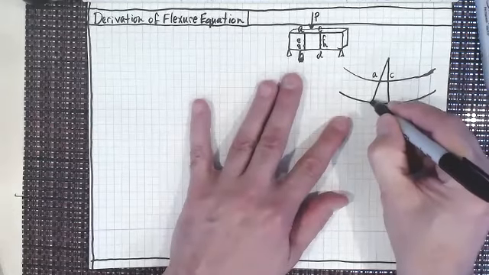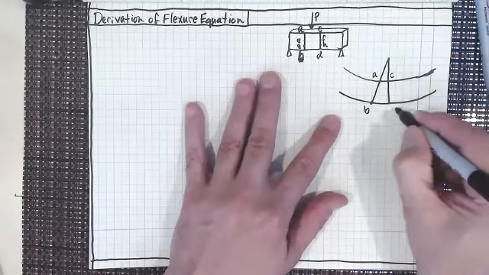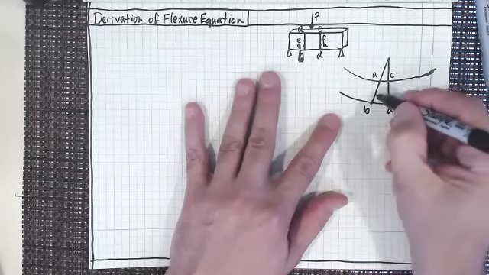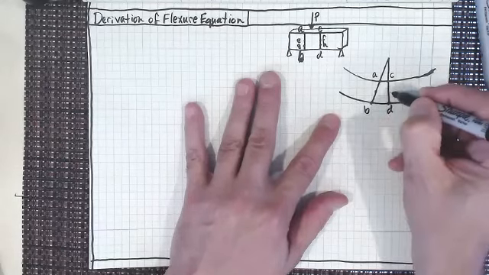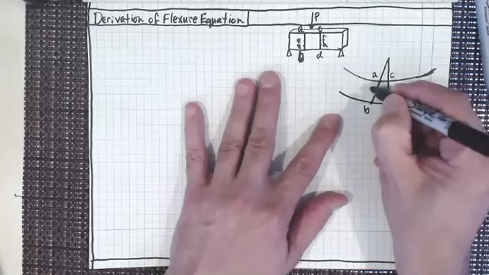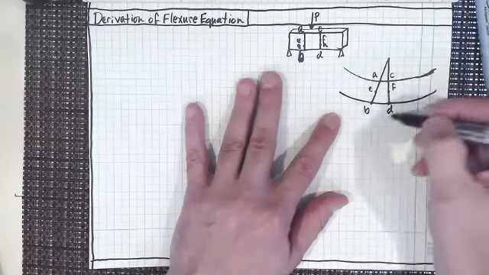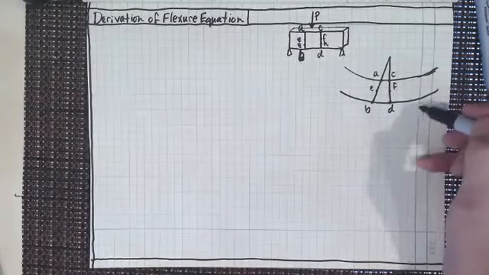And then this point down here is B. This point is D. And then the 2 points in the middle that we had, E and F, are still there. And then B and D are down here.